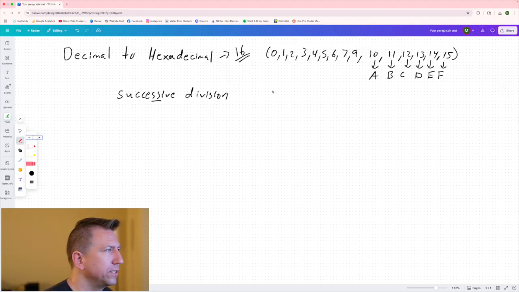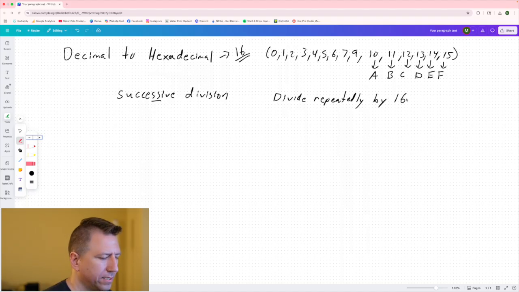So what we're going to do in this process is we're going to divide repeatedly by the base 16, okay, until the quotient is 0.